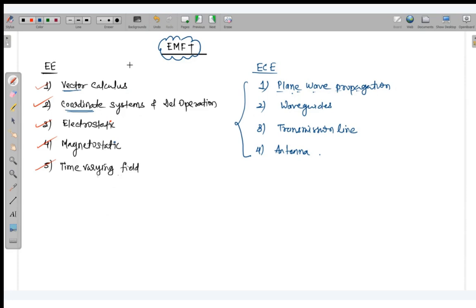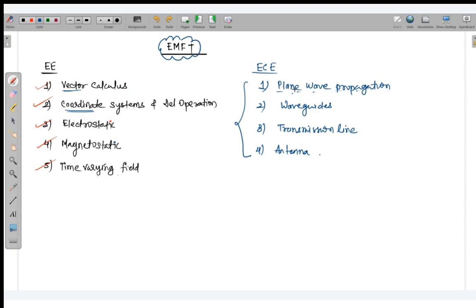If you are an EE student and you want to appear in GATE only, then the 5 chapters I have written on the left are the only important chapters. But if you are appearing for any other government examination like state services, engineering services, ISRO, or any other defense type of companies, then you should at least learn plane wave propagation after the 5 chapters, because in a few years in the ISRO examination, 4 to 5 questions have been asked from plane wave propagation for EE students.